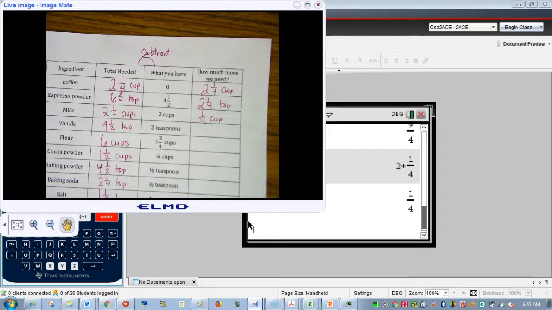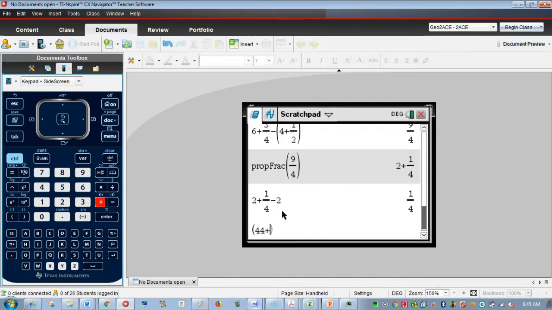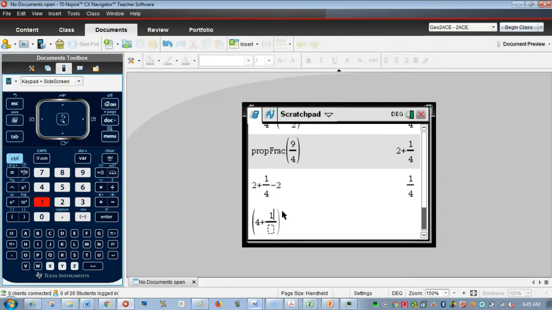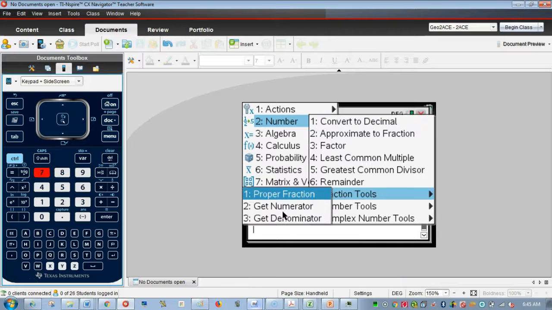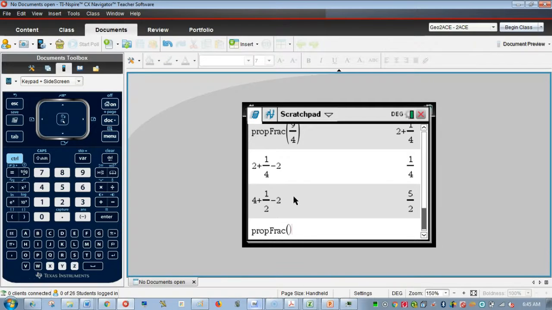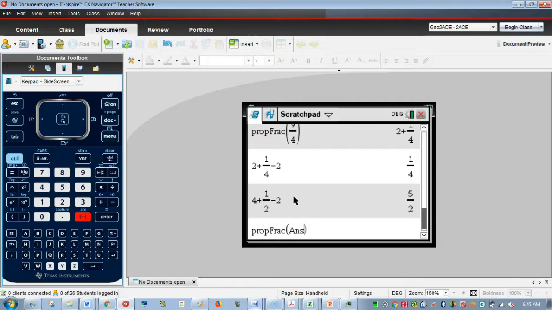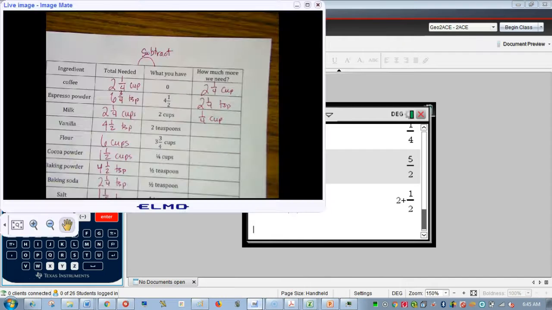All right, so I go 4 1/2, 4 and 1, not 44, 4 and 1/2. Get out, minus 2, menu 271. Oh my gosh, I keep forgetting to do that every single time. Control answer. So I need 2 1/2 more teaspoons.